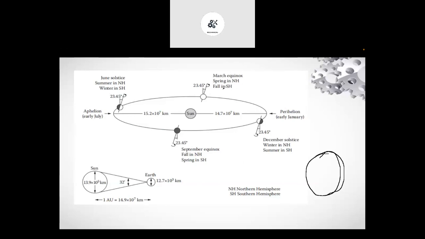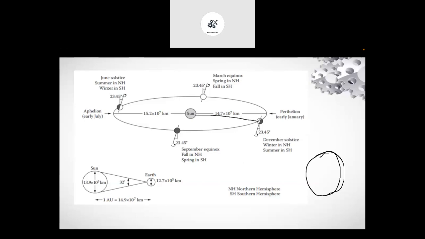Okay, now the equinoxes and the solstices depend directly on the distance between sun and the earth, and also the relative geometry, or the relative position, of the earth with respect to the sun. Now, as we know, during the solstice, what will happen?